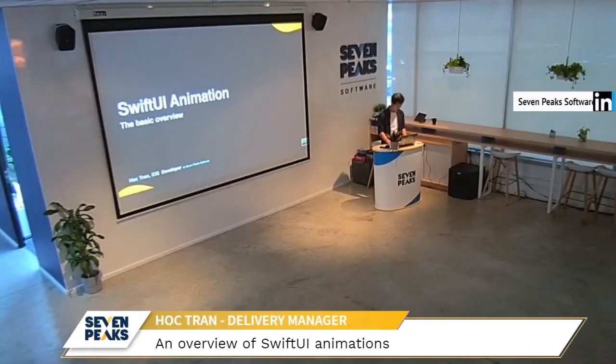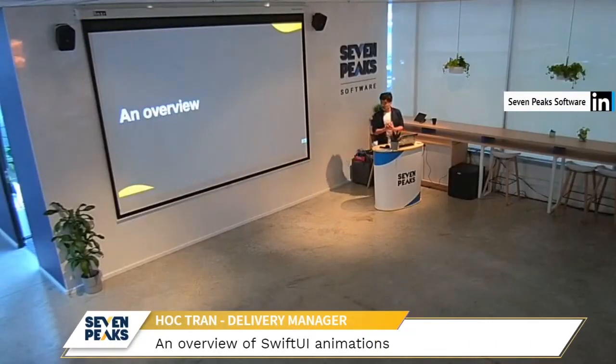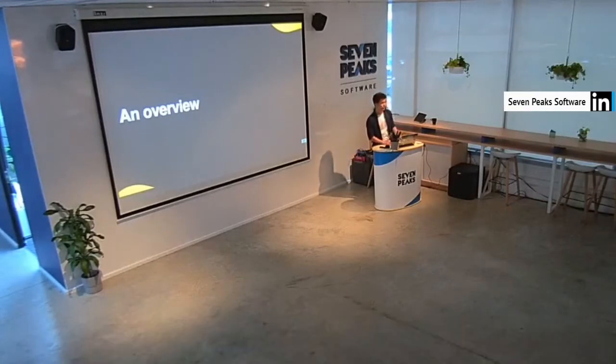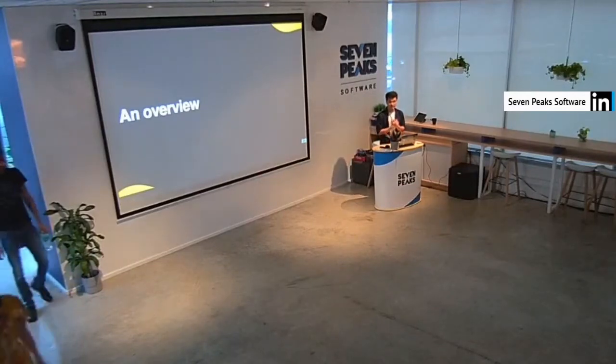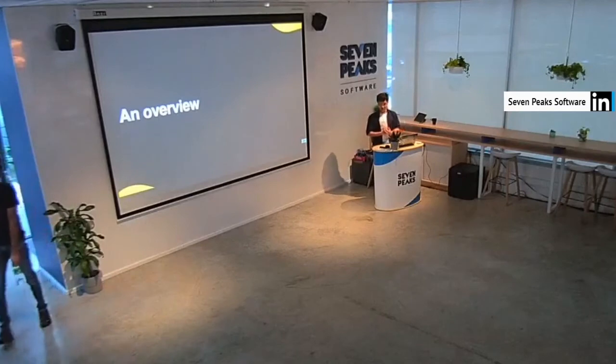So as an overview of animation, for all platforms or frameworks, why do we need animation in our application? Animation in any front-end application gives the user feedback about what's happening in the application, such as zooming in, browsing, scrolling, or a loading indicator.